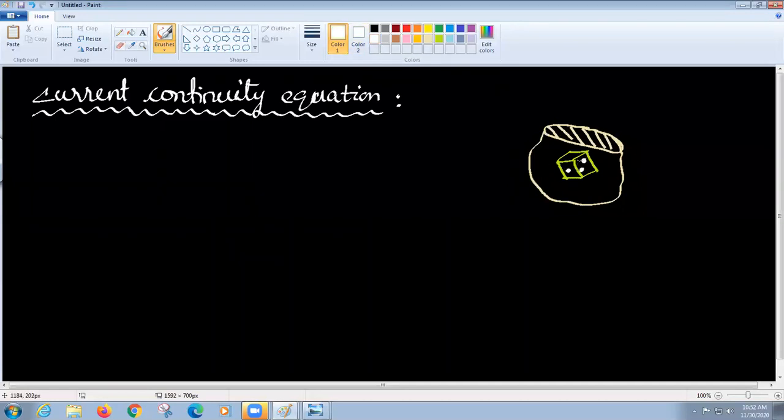So there is some charge within this elemental green volume. After delta t time, you find that some current is leaving out like this. So this current I is passing through the surfaces all around the elemental volume.